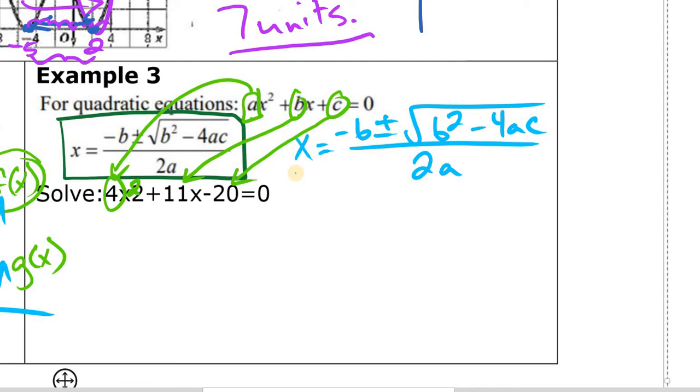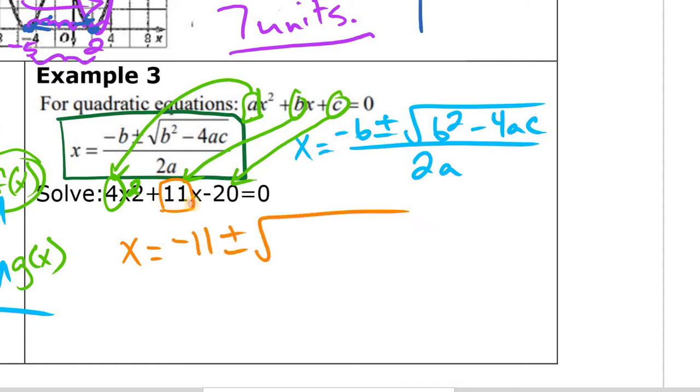All right, so let's go ahead and write our formula. X is equal to, b is here 11, so it's negative b plus or minus the square root. B squared is 11 squared minus 4 times our a value. In this case, the a value is 4, times the c value.